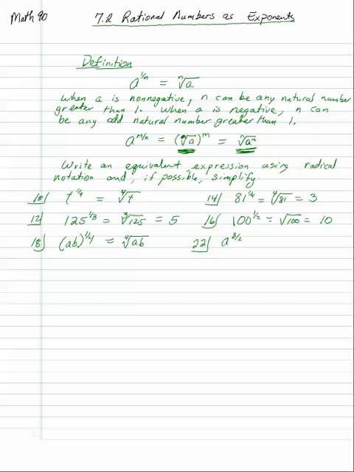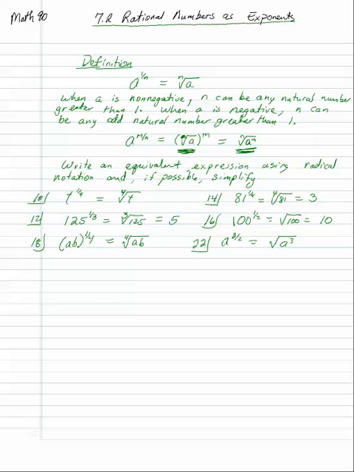Okay, 22, a to the 3/2, that's the same thing as square root of a cubed, and again you can put that cube on the inside or the outside. Either way. And the index is 2, which is just the square root. When we don't write a number for the index, it's 2, square root.